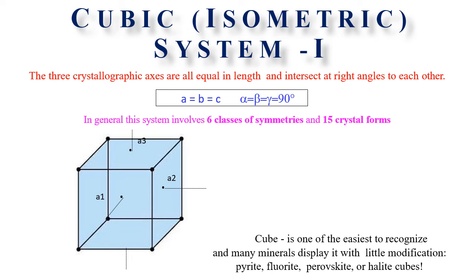The first is the Galena type, which we will be studying in detail in the next classes. Then we have the pyrite type or diploid class, and the tetrahedrite type or hexatetrahedral class in the cubic system, out of which we will be studying the Galena type in our coming classes.